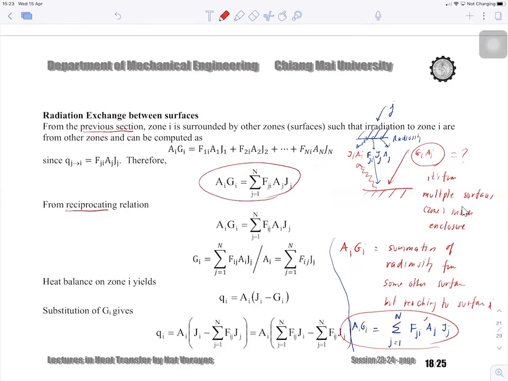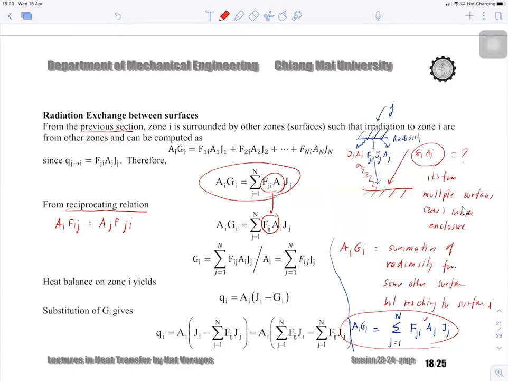And then we have the reciprocity relation, which is AI Fij equal to AJ Fji. So I change this into this: AJ Fji is going to be AI Fij.